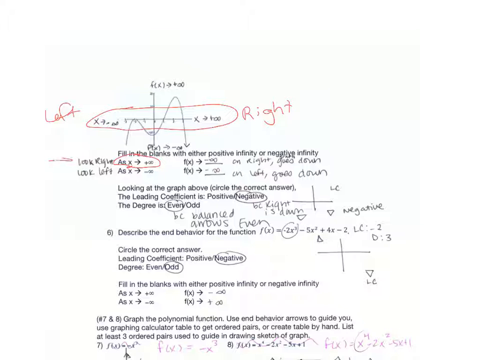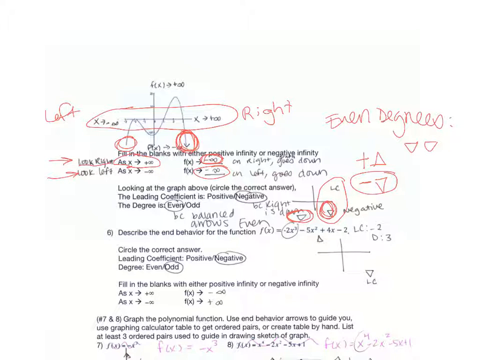So when we look at this, it says as x approaches positive infinity, meaning look at the right side, and on our right side our picture is going down, therefore y is negative infinity, it's going down. Then for the next one, on the left, as x goes negative, meaning look left, the graph is also going down. So that's why f of x, or y, the graph's height, is heading towards negative infinity.